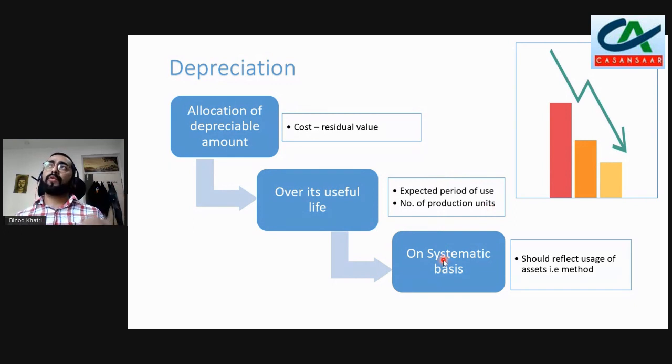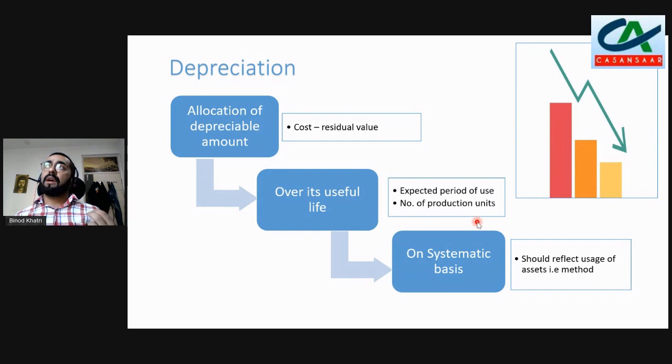Now, how do we know the method we are applying is a systematic basis? In case of production units, let's take an example. In case of production units, we can't just depreciate that asset with the expected life of that asset. Instead, we need to calculate production units. For example, over the life of that asset we can produce 50,000 units, and in the first year we have produced 10,000 units from that machinery. Then we need to calculate depreciation accordingly.